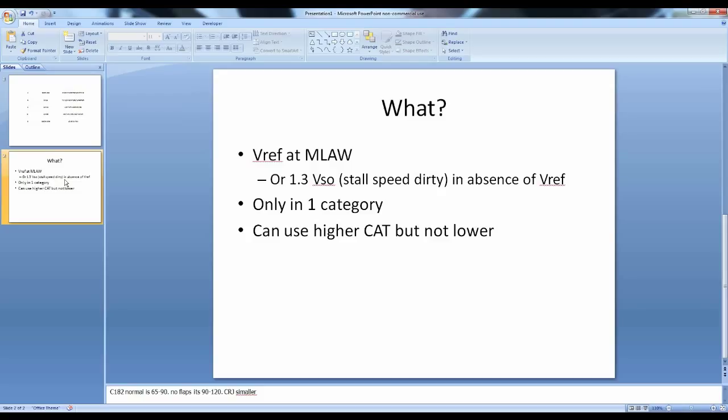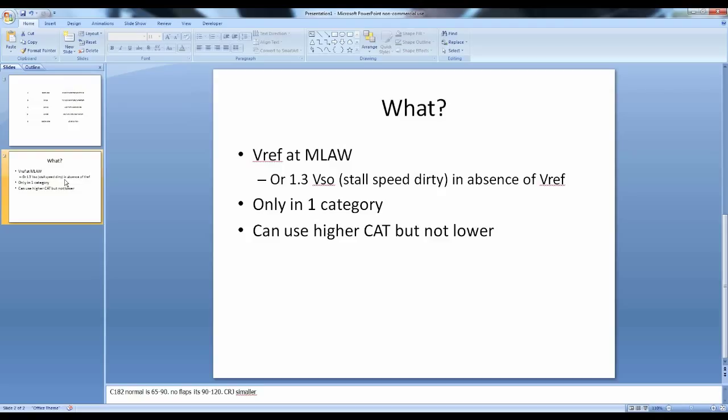What is the VREF speed for maximum landing weight? If you don't know the max landing weight VREF, or if there isn't one, you would use 1.3 times VSO, which is stall speed dirty. So when you dirty up the plane, gear out, flaps out, what speed does it stall at?